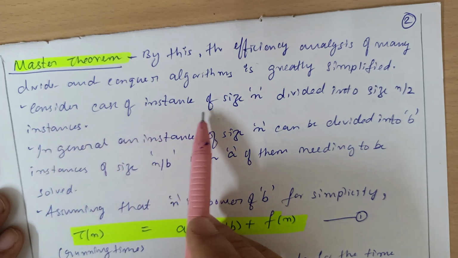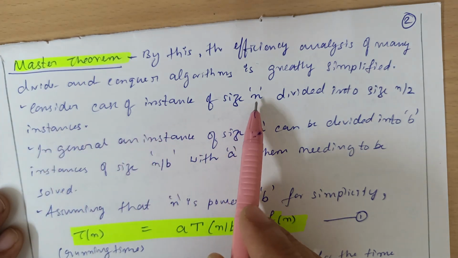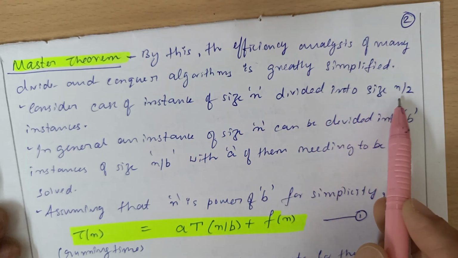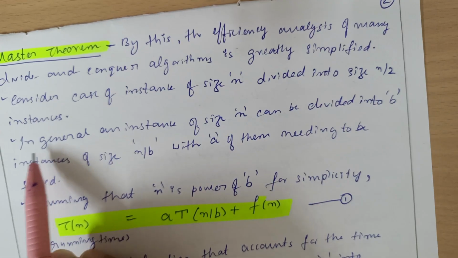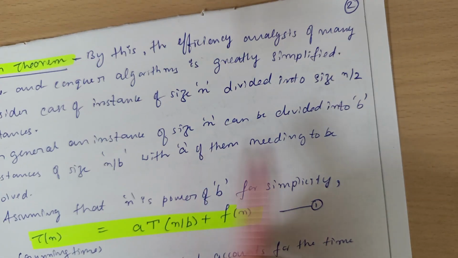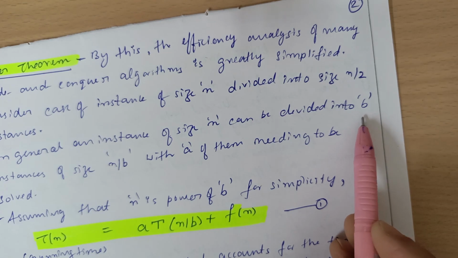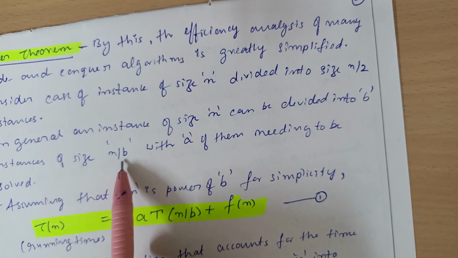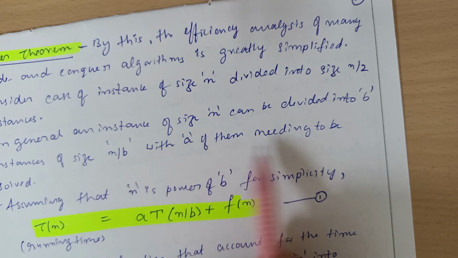Consider the case of an instance of size n. The n instances can be divided into size n by 2. So in general, an instance of size n can be divided into b instances of size n by b, with a of them needing to be solved.